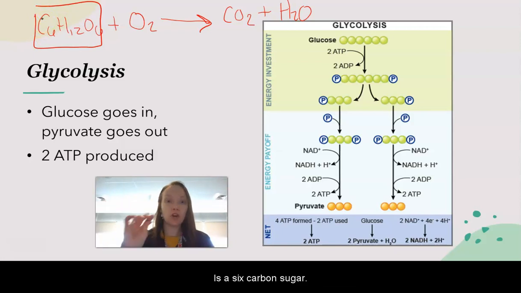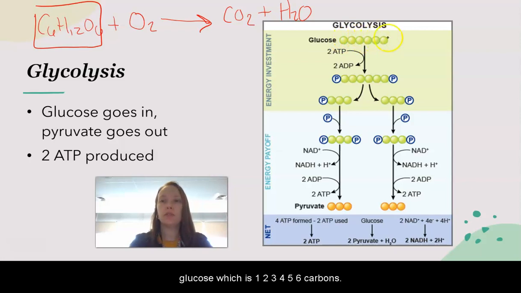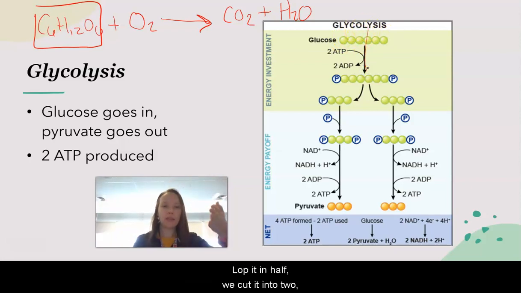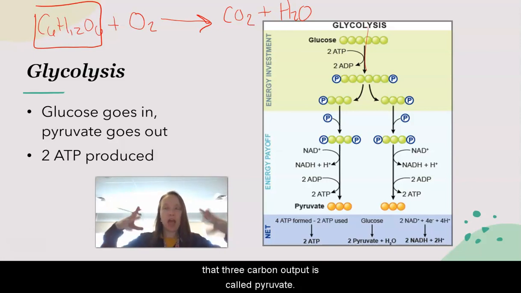It's a 6-carbon sugar. So the first process here in glycolysis is we take that glucose, which is 1, 2, 3, 4, 5, 6 carbons, and we lop it in half. We cut it into 2 3-carbon sugars. And that 3-carbon output is called pyruvate.